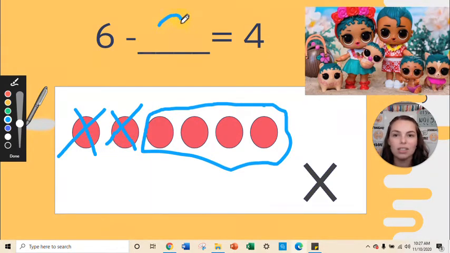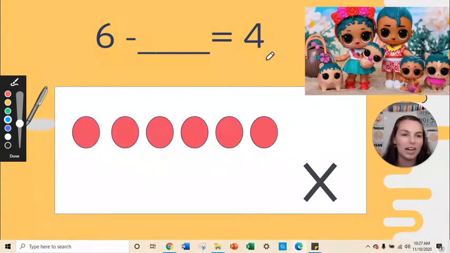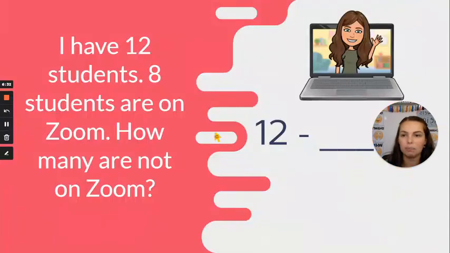So 6 take away 2 equals 4. And you can even see in the picture, if I have 6 dolls and I want to have 4, I would need to take away 2 to get 4. There we go. Let's try another example.